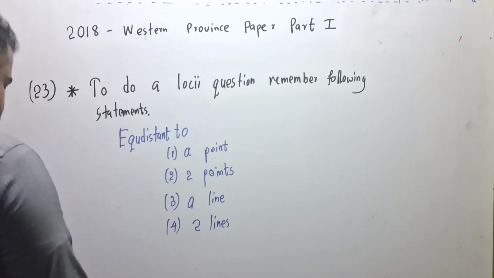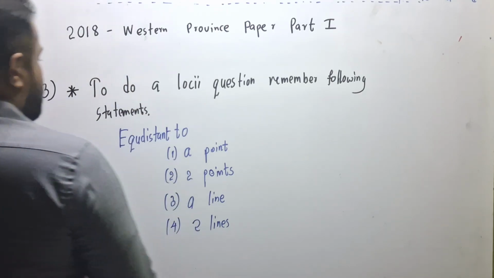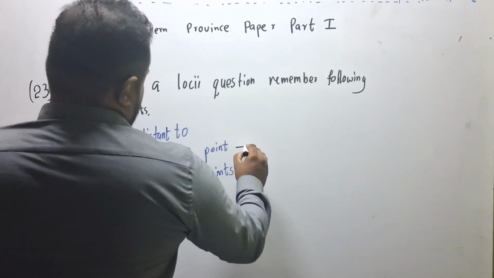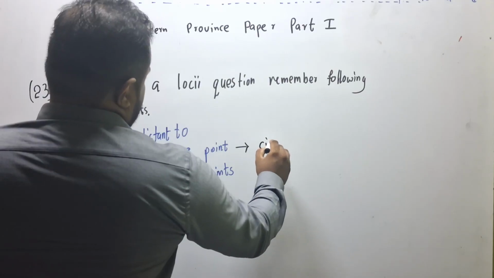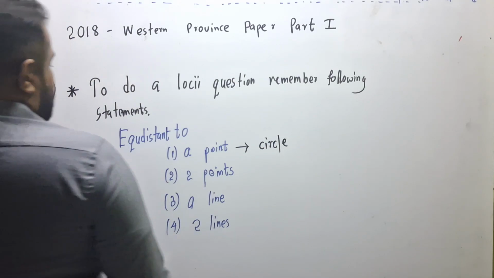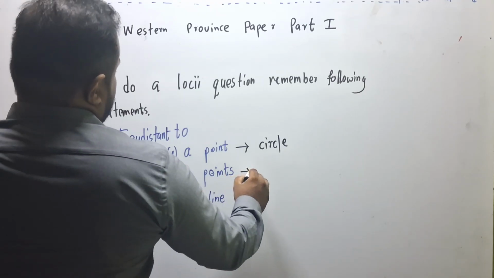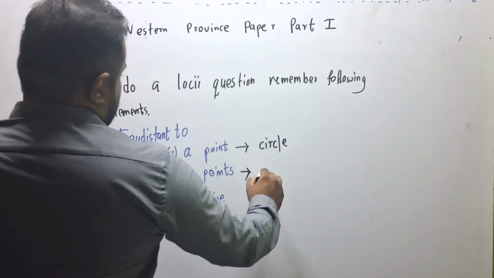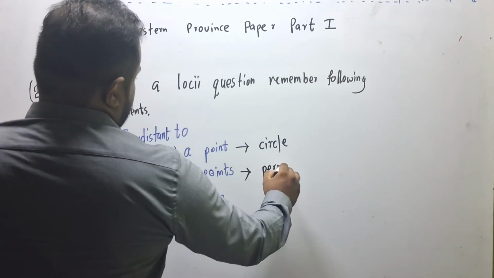If the question is given as equidistant to a point, what we have to draw is a circle. If it is equidistant to 2 points, what we have to draw is a perpendicular bisector.